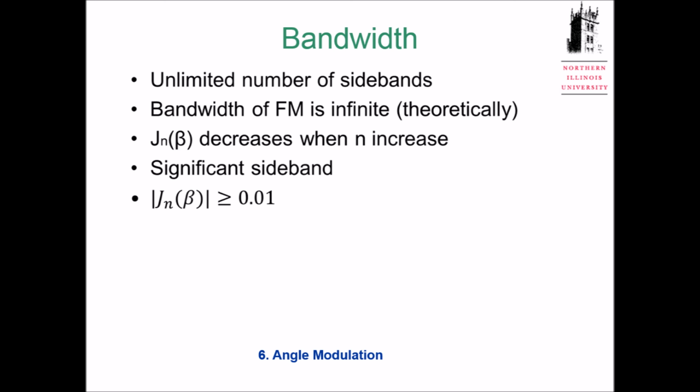We don't consider them valuable sidebands. So this is the most accurate way we tell how wide the bandwidth is. However, this one may be a little complicated. So there is an alternative way to calculate bandwidth of FM signal.